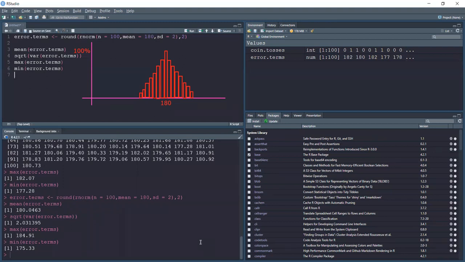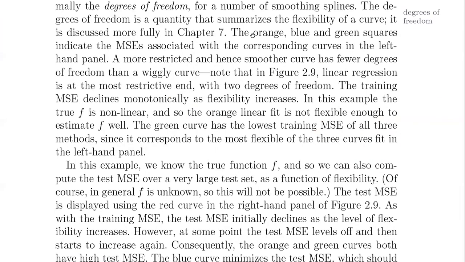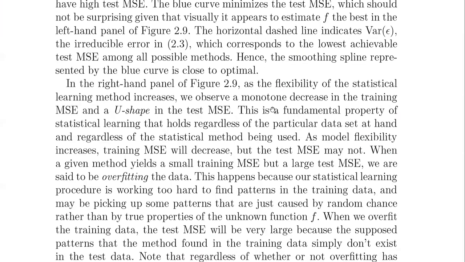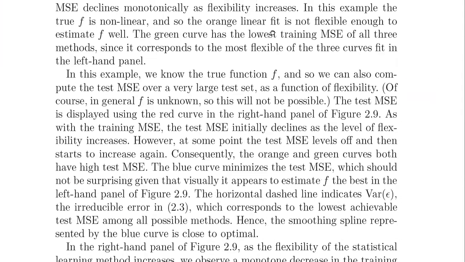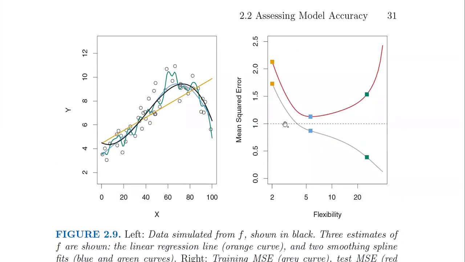And what the authors have done over here is that instead of taking 0.75, which I picked yesterday, for the variability of their error term, they have picked 1. Yeah, so they picked 1.